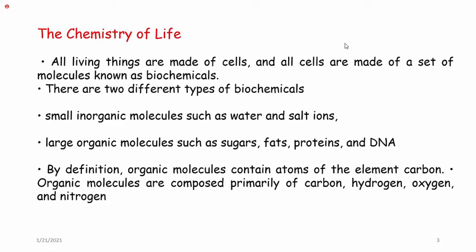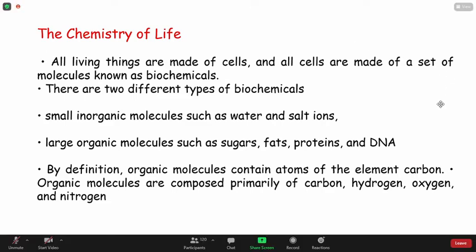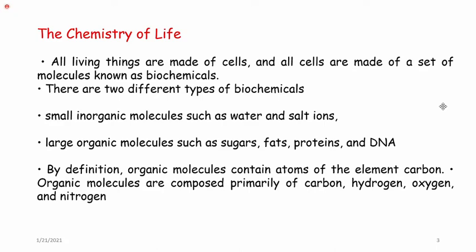So in the chemistry of life, we have to learn that all the living things are made up of cells, and all cells are made up of a set of molecules known as the biochemicals. So there are basically two different types of biochemicals, or substances: small inorganic molecules like water and ions, salt ions, and large organic molecules such as sugars, fats, proteins, and DNA.